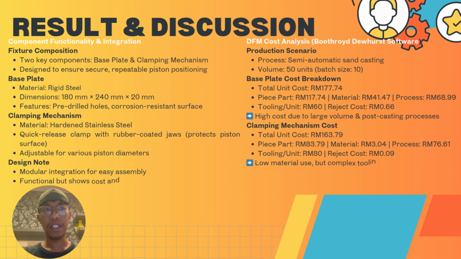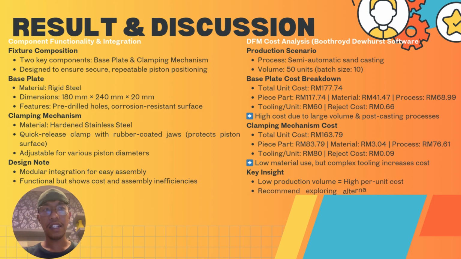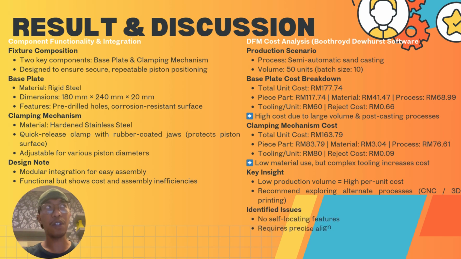Base plate material: the material that we use is rigid steel. The dimension is 180 mm by 240 mm by 20 mm. Features pre-drilled holes and a corrosion resistant surface.